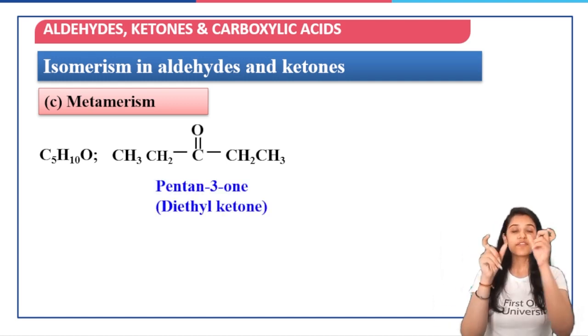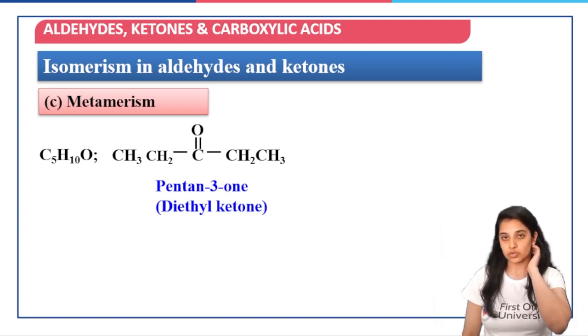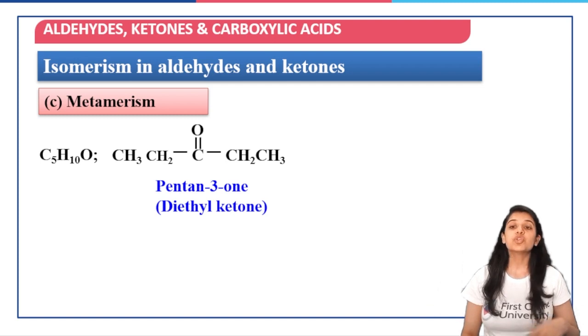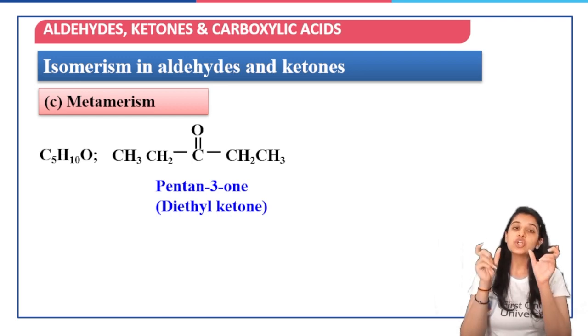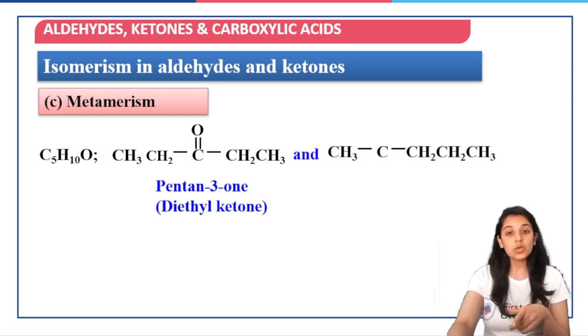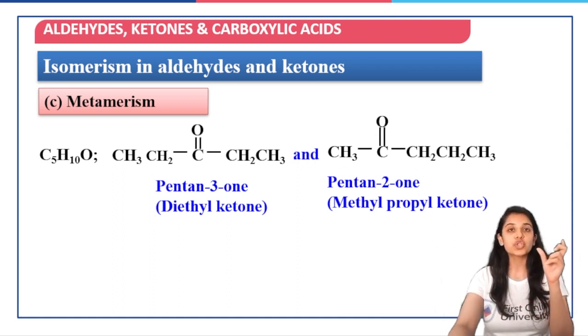If you look at the carbonyl group, that is C double bond O, to one end of the carbonyl carbon we have an ethyl group, and to the other end we have an ethyl group. So both are going to be the same. We can also have the possibility where on one end we will have the methyl group, and on the other end the propyl group. So it's going to be methyl propyl ketone, or we call it pentan-2-one.